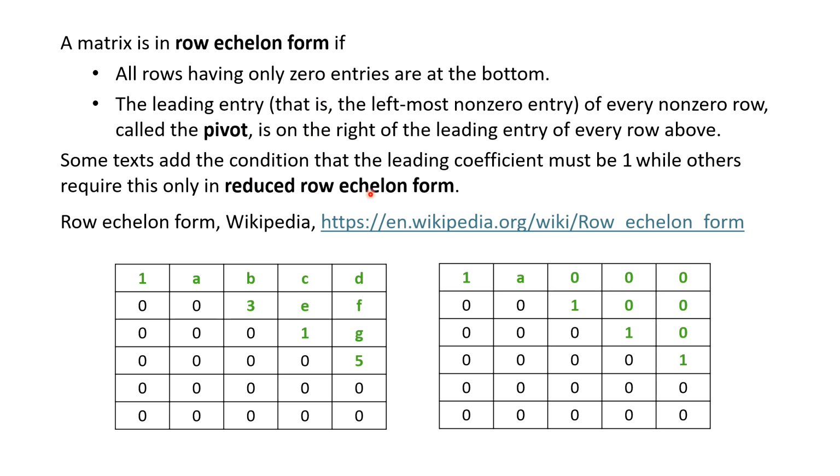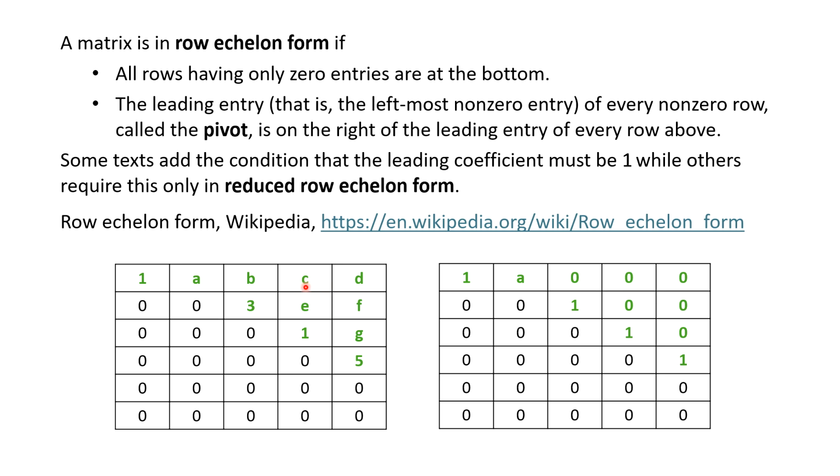Then you have reduced row echelon form, where the leading entry, the pivot, is a 1, and you have zeros in all other positions in the column where your pivot is a 1. So you see here we got a 0.